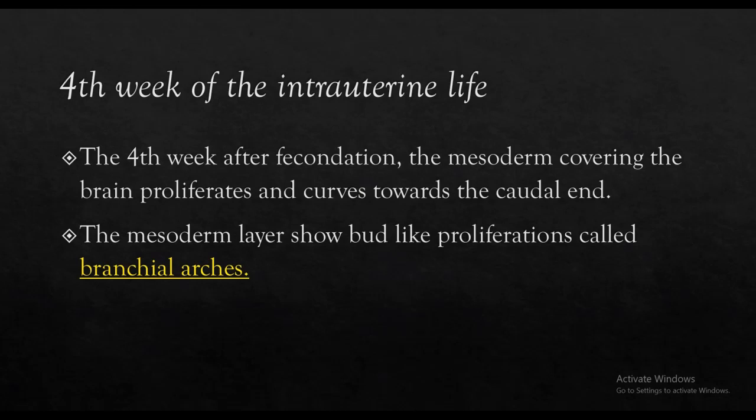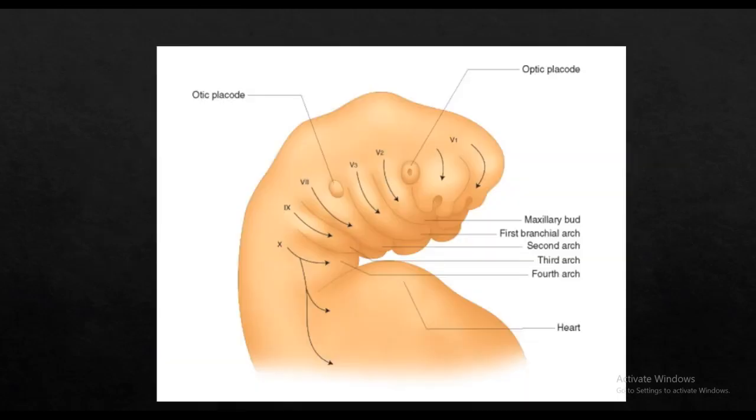The mesoderm layer shows bud-like proliferations called branchial arches. The branchial arch's exterior is lined superficially with ectoderm, while endoderm covers their interior surfaces.